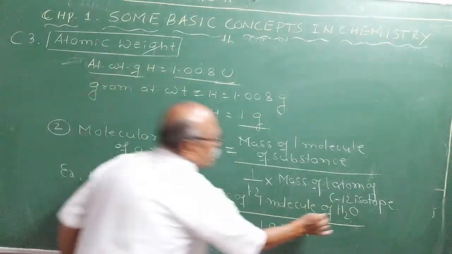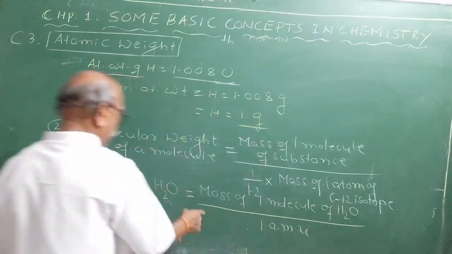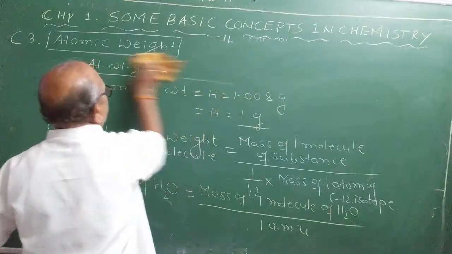So what does a molecule of water consist of? It consists of 2 atoms of hydrogen plus 1 atom of oxygen. Now see the interesting thing.